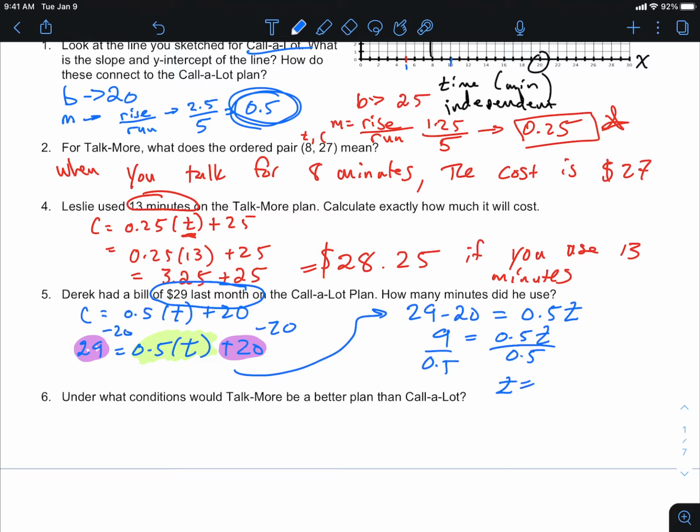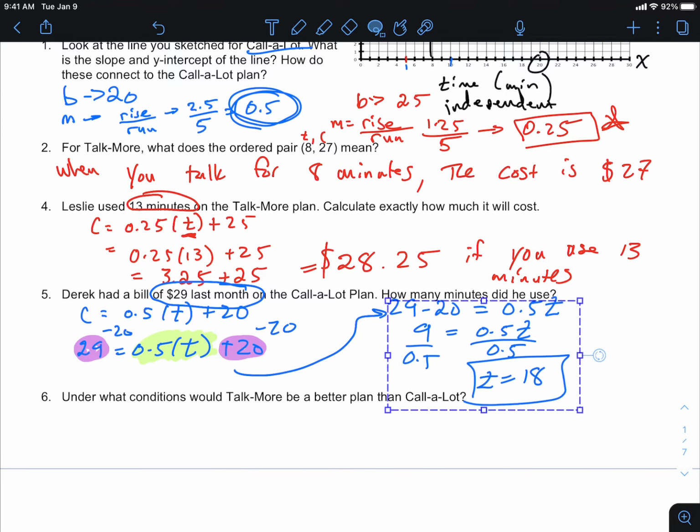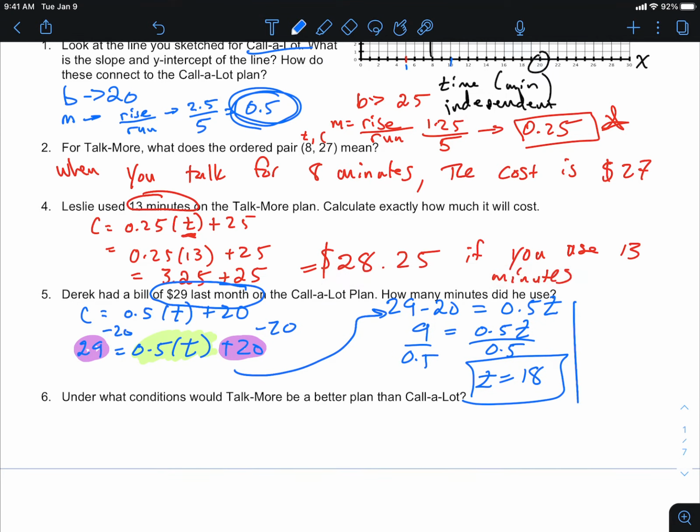T will equal 18. Which will mean, I'm going to move this over a little bit so I got some more room to write. Derek talked for 18 minutes.